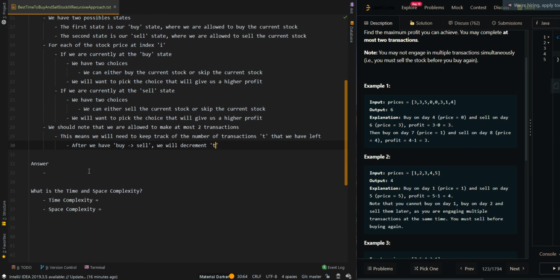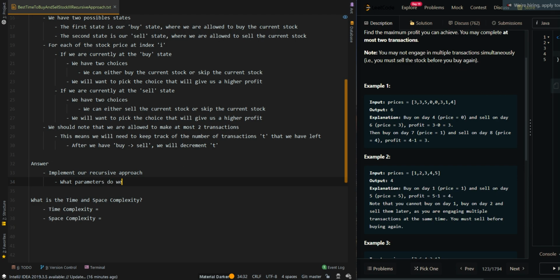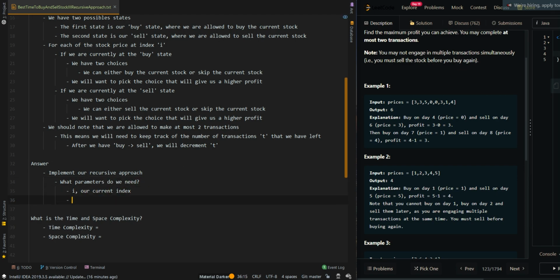Now let's go over the pseudocode. We're going to implement our brute force recursive approach. What parameters do we need? We first need I, our current index inside the input array, and also our current state, which we'll call S, where 0 is equal to buy and 1 is equal to sell.